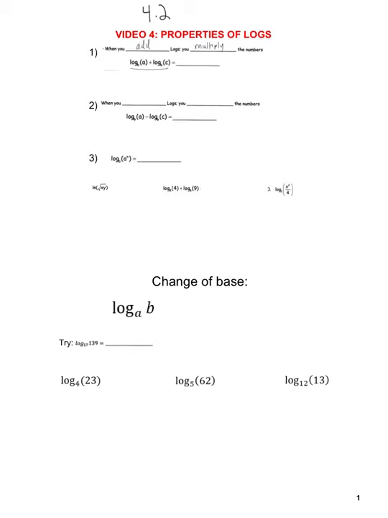So log base b of a plus log base b of c becomes log base b of a times c. This corresponds, because these are inverses to exponentials, to the same idea, whereas if I was multiplying b to the a times b to the c, that would become b to the a plus c. So it's kind of doing the inverse of what exponents do.